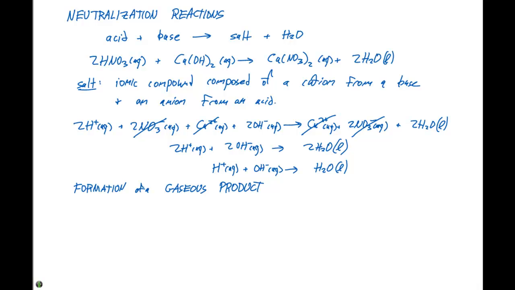Typically, when we see reactions where we have gas formation, it's going to be an acid plus some kind of salt, and that salt needs to contain a carbonate, which is CO3 2-, a sulfite, which is SO3 2-, or a sulfide, which is S2-.